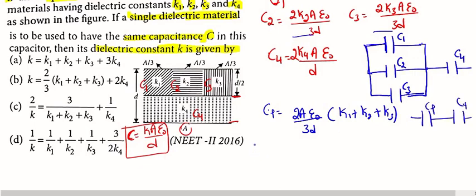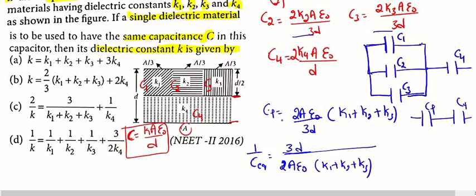Then CP and C4 are connected in series, so the equivalent capacitance is found by taking reciprocals. The reciprocal gives 3D divided by 2A epsilon naught times (K1 plus K2 plus K3), because for series, 1 by C is 1 by C1 plus 1 by C2.